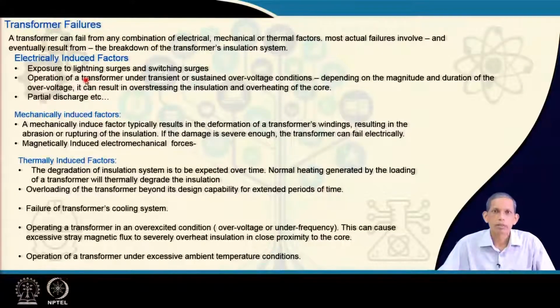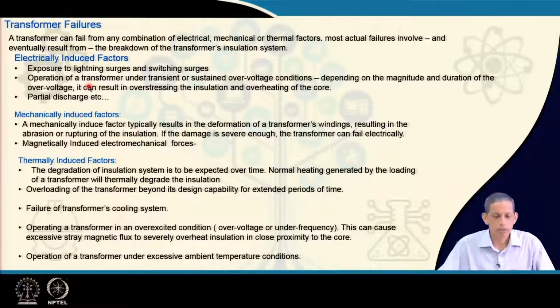Lightning is related to a very high surge. Even switching surges sometimes become very high, and if they come to the transformer terminal, that may deteriorate the insulation and lead to failure of the transformer.